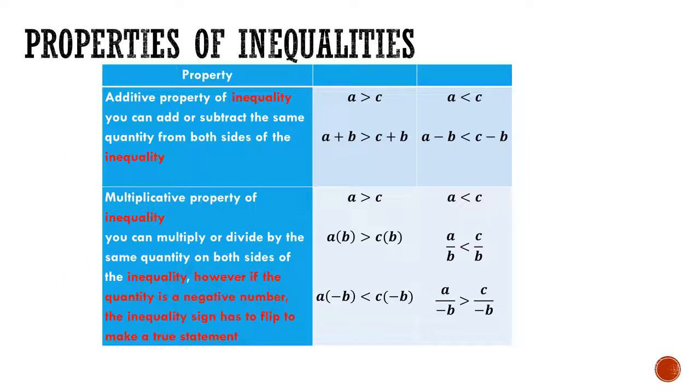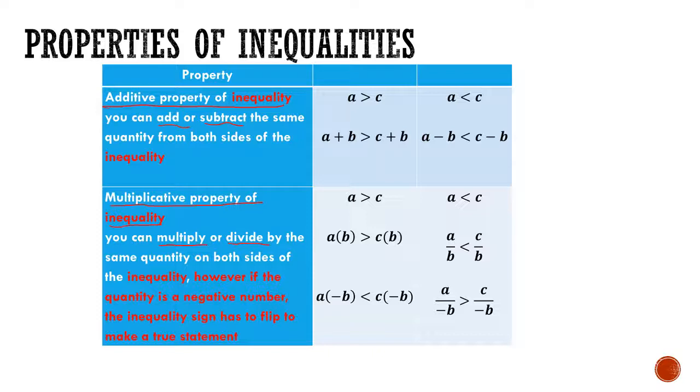The properties of inequalities are similar to the properties of equations. We have the additive property of inequality, which means we can add or subtract the same quantity from both sides of the inequality. And we have the multiplicative property of inequality, which means if we multiply or divide by the same quantity on one side, we have to do it to the other side as well.